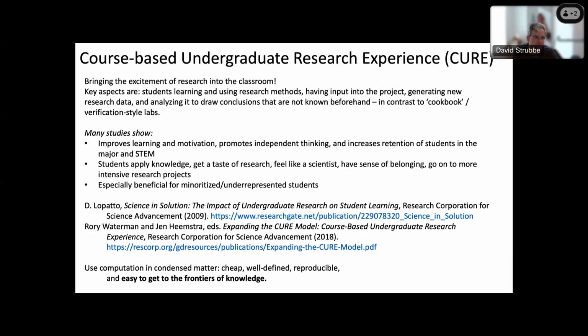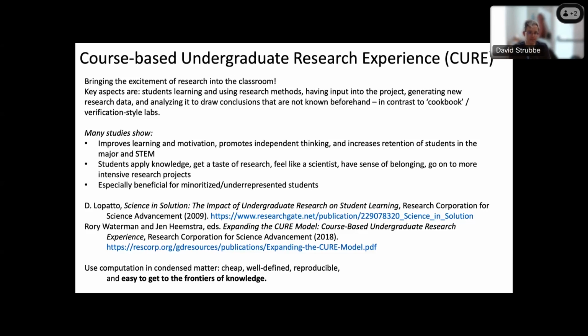These are sometimes referred to also as verification style labs, namely that there's something that we know to be true, like Hooke's law for springs, and the goal is just to get that result. It's fine. These things have their place. But the interesting aspect for CURE is it's been shown by a number of studies that doing this can promote learning and motivation and independent thinking, and increase the probability that students want to continue being science majors.